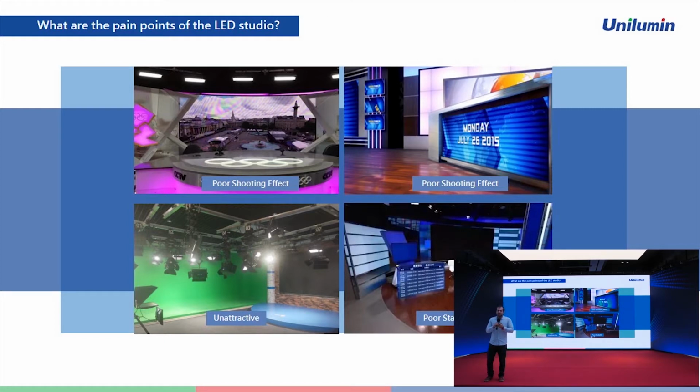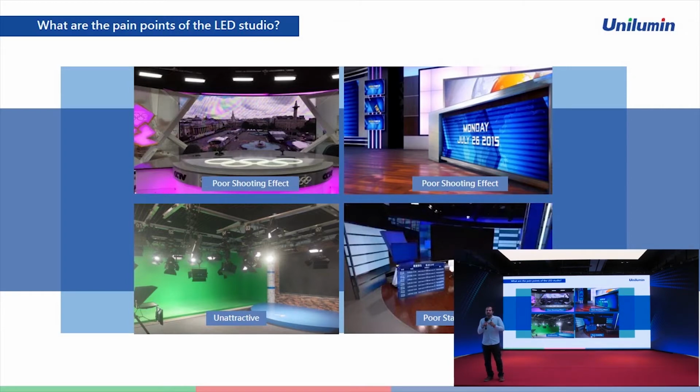If you see a studio for the first time, and you see pictures like this, it will make you ask the question, why are there even these kinds of ugly performing displays in the studio?